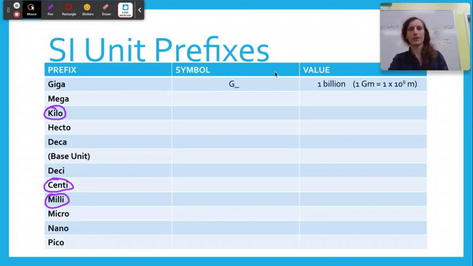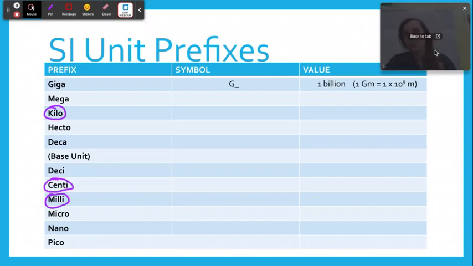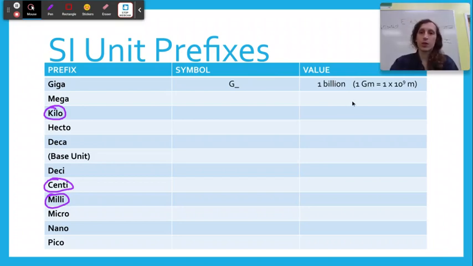So first off, we have a gigameter, gigagram, gigasecond, whatever. And this is equal to 1 billion of your base unit. So for all of these examples, I'm going to give a little conversion. 1 gigameter is going to be equal to 1 times 10 to the 9th power meters.